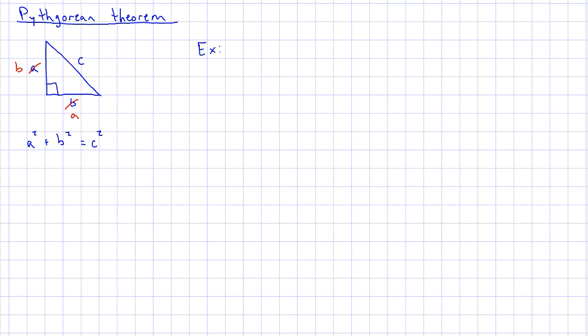Let's consider first a triangle here with, here's my right angle, and I have length 16 feet and 12 feet. So the thing that's missing is C. In order to solve for this, I'm going to use my formula, A squared plus B squared equals C squared.